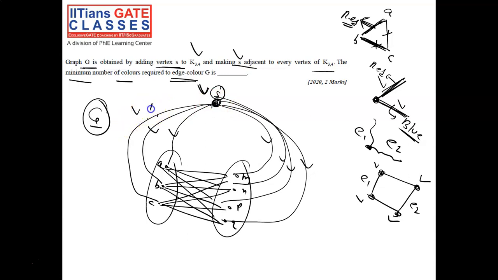Let's assume this edge gets color 1, this edge gets color 2, this edge gets color 3, then 4, 5, 6, 7. All these edges should get different colors because they share a common endpoint, S. So that's why we need at least 7 colors.